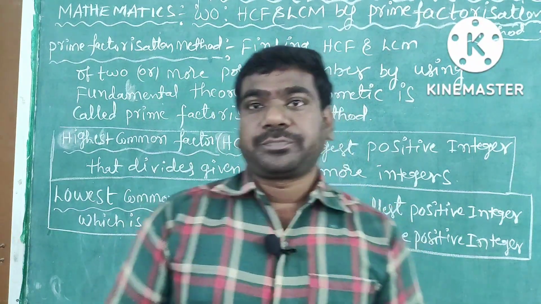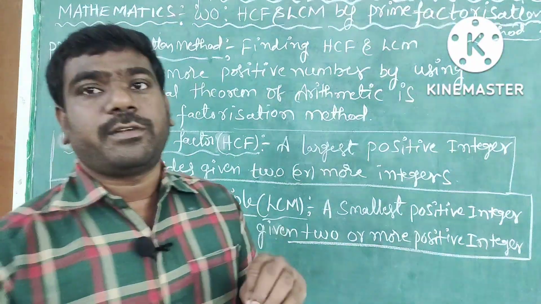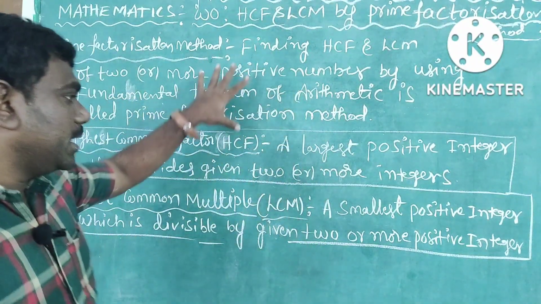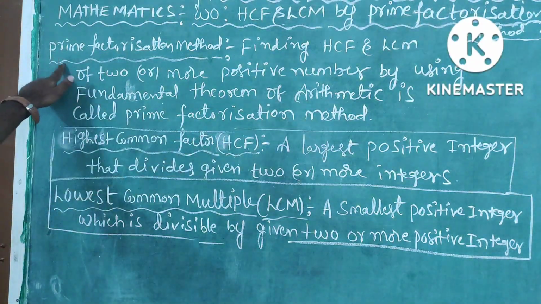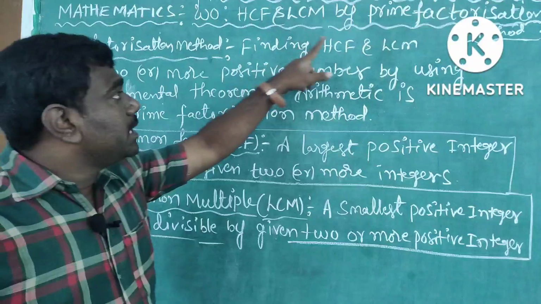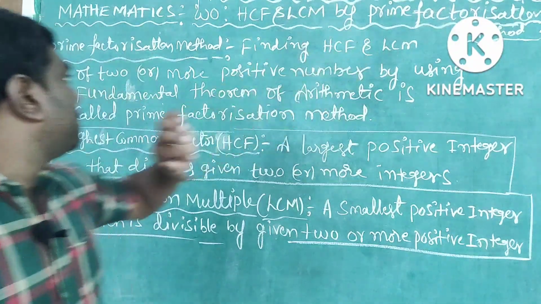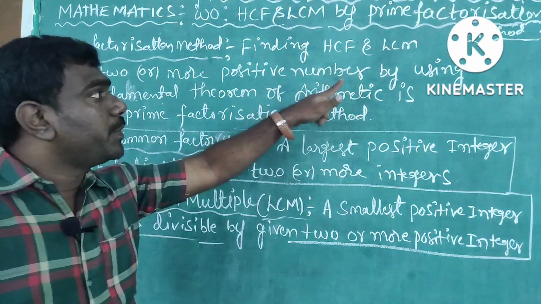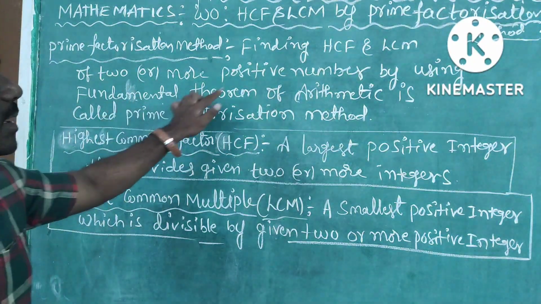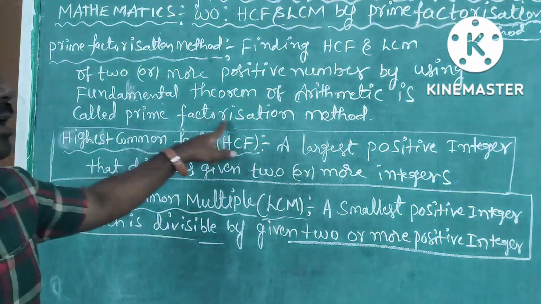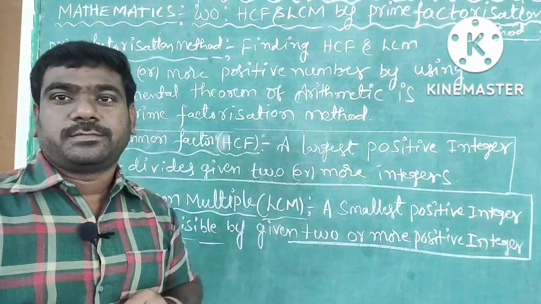Okay, these definitions I have written here on the board clearly. Have a look. Prime factorization method: finding the HCF and LCM of two or more positive numbers by using the fundamental theorem of arithmetic is called the prime factorization method.